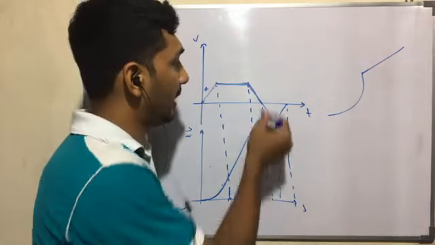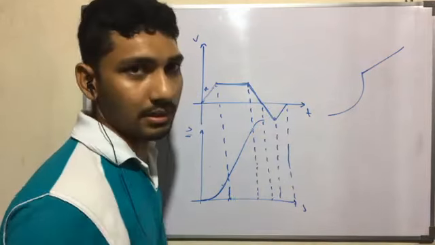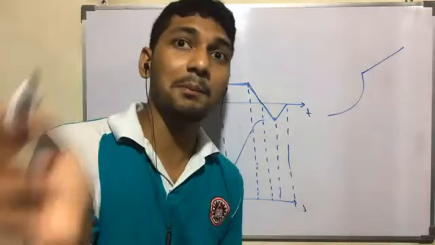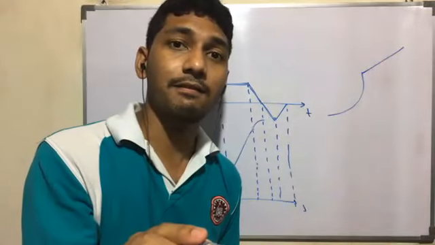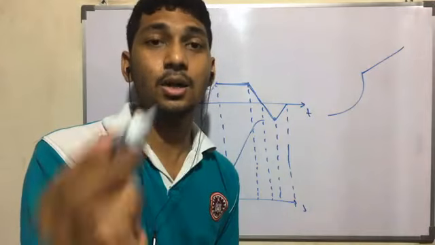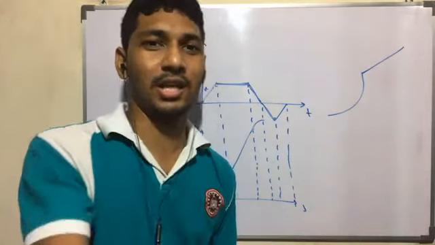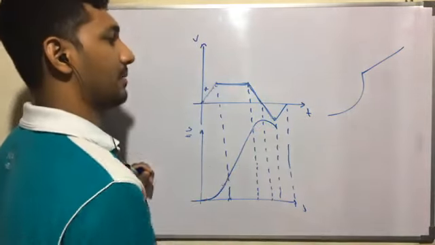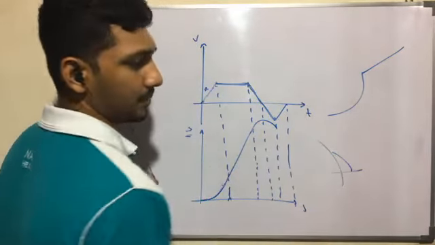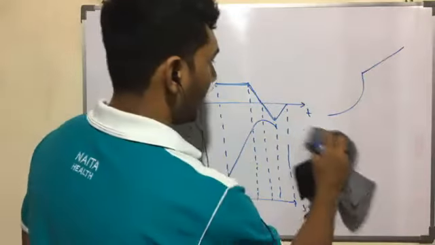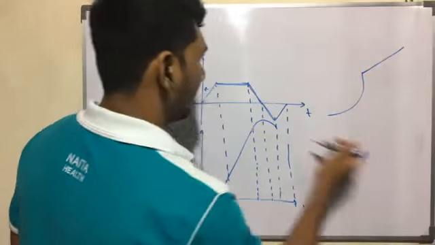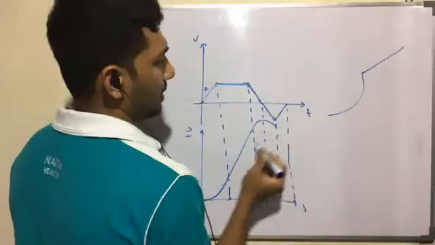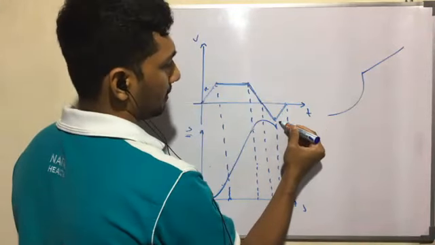After that, you see a negative side. So negative side for displacement means negative gradient. Obtuse angle. Okay, an obtuse angle is drawn like this. So this is obtuse. Okay, and then again what is happening?